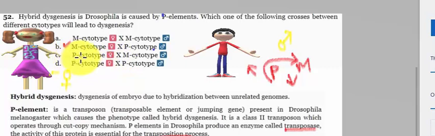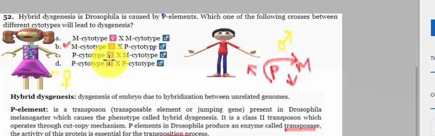And in option C, the P element is present in the female. As I said, the P strain in females contains a high amount of repressor protein, so it will prevent the transcription of the transposase gene, which prevents the hybrid dysgenesis.